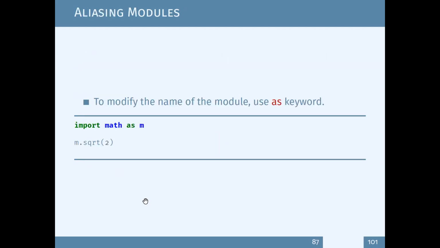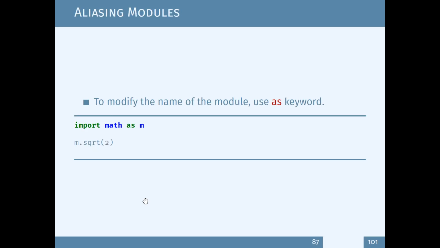Then sometimes when we use our first technique, remember, you always have to type your module name. When you have that situation, we can better use the keyword for renaming. This is the as keyword.